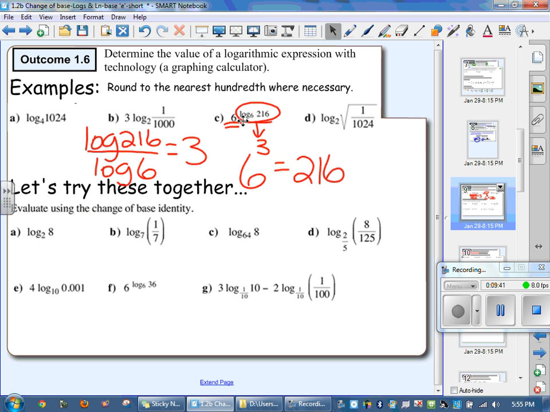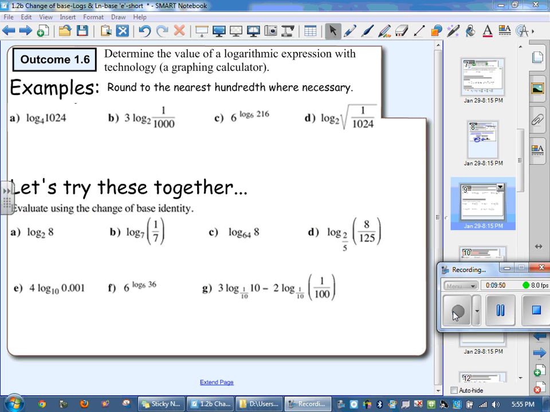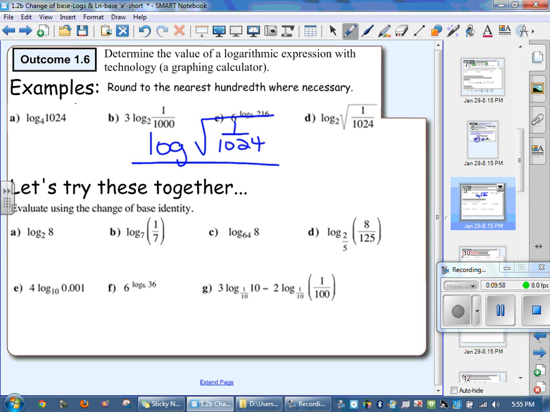Let's try D. Can we use it in the root sign? Yes, we can. Okay, let's take a look at D now. D, we're going to have log of root 1/1024 divided by log 2. Now remember, log will open brackets, so yes, you need to close the brackets on top, and yes, you need to close the brackets on the bottom.